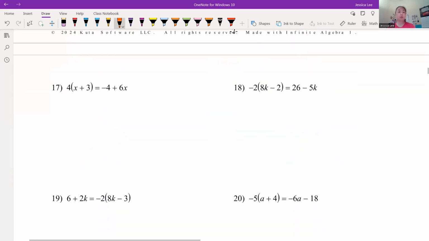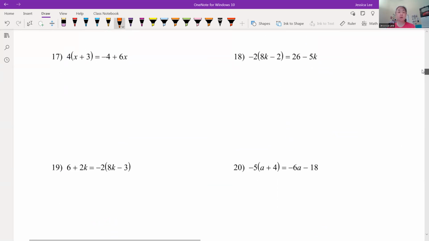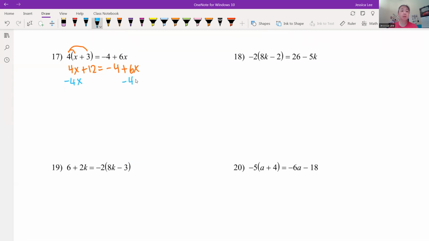All right, moving on to the next 4 types of problems. We have here variables on both sides, and we have parentheses. So we're going to have to do a few steps first before we get to our two-step equation, right? So 4 times x is 4x. 4 times 3 is 12, so plus 12 is equal to -4 plus 6x. Now I have to get rid of the variable on both sides, so it's going to have to be -4x minus 4x.